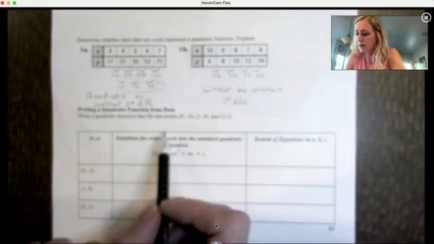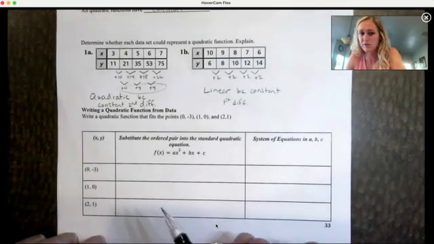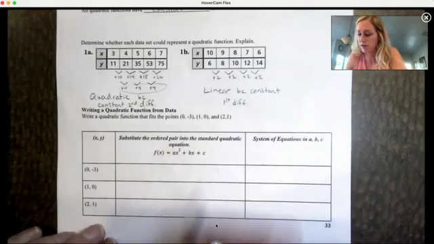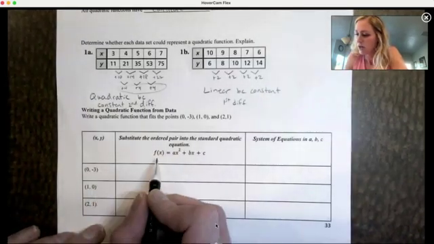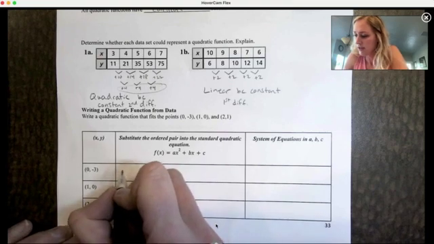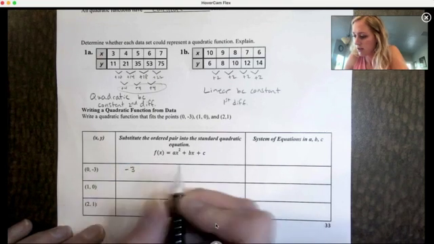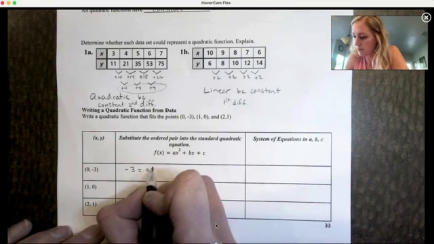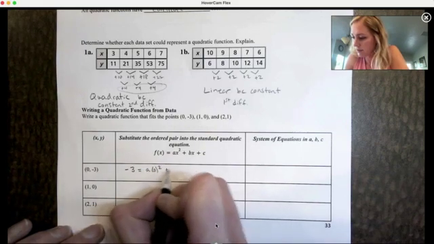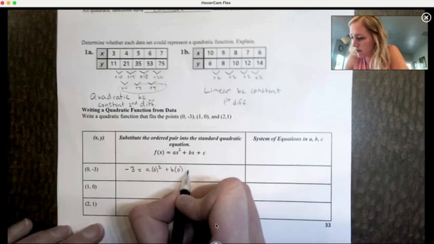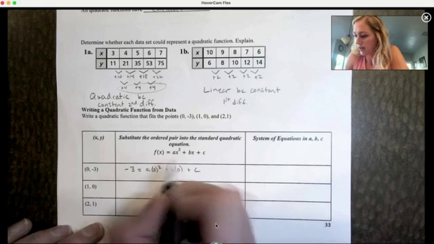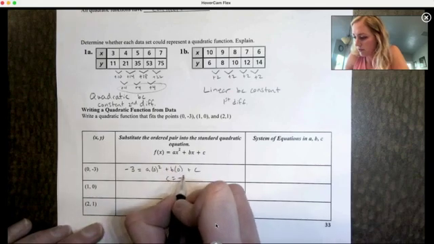I'm going to substitute these values in for x and y into this generic quadratic function in standard form. I'm plugging in -3 for y and 0 for x. So we get a times 0 squared plus b times 0 plus c. All of this goes away and I'm left with c equals -3.